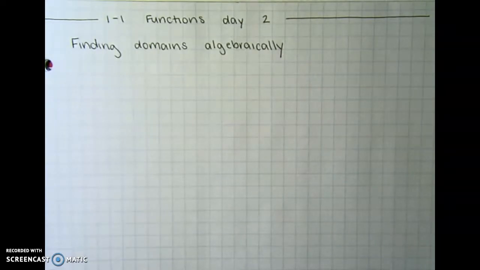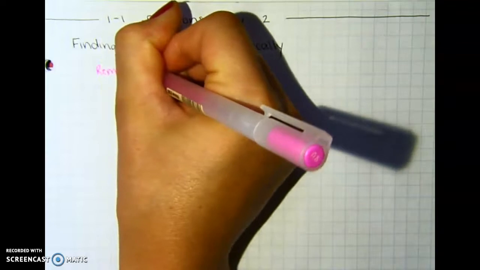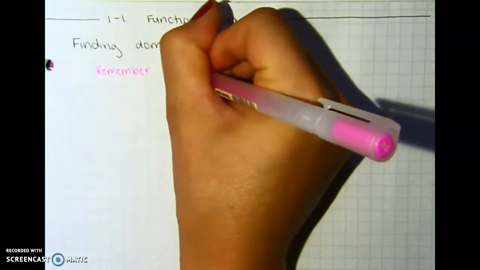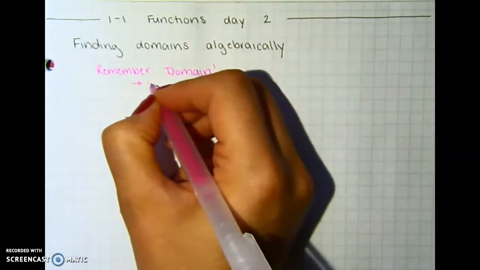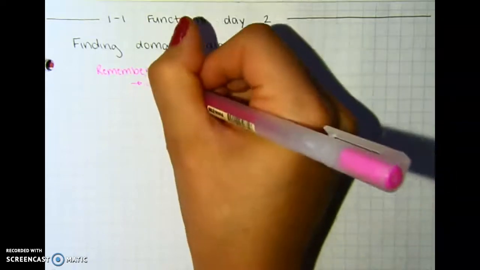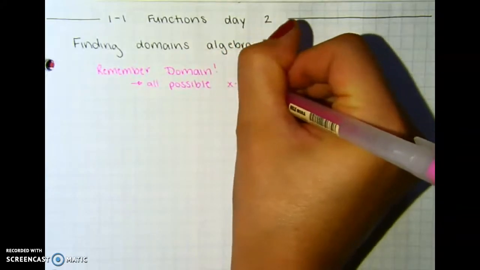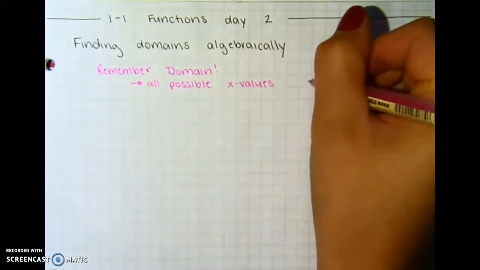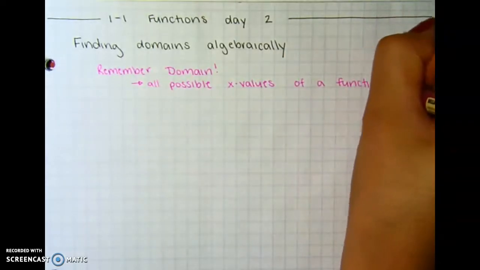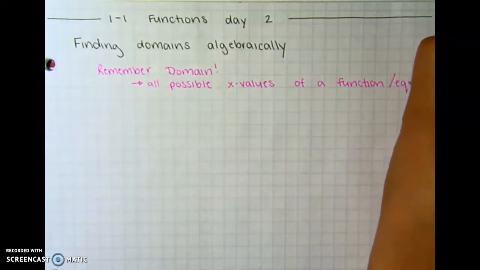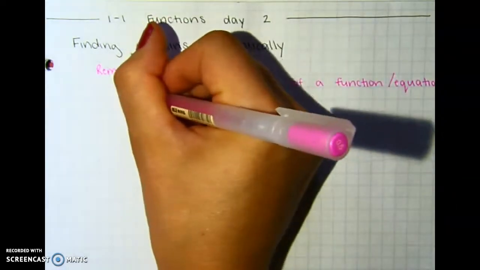First of all, we need to remember the definition of domain. So a domain is all possible x values of a function or equation, and we write it in interval notation.